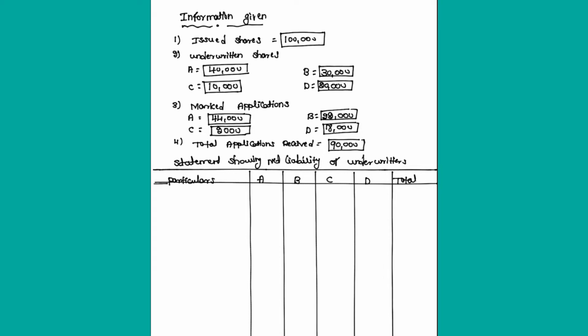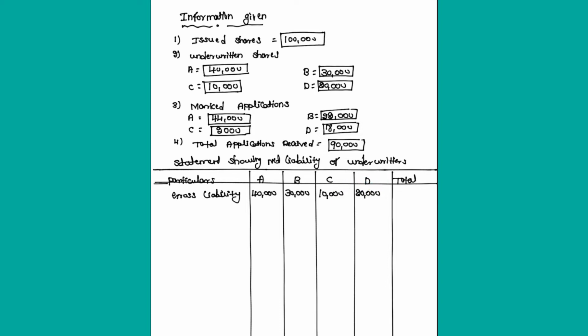Consider the first one, gross liability. How many shares A took responsibility for? 40,000 shares A took responsibility. B 30,000 shares. C 10,000 shares. D 20,000 shares.